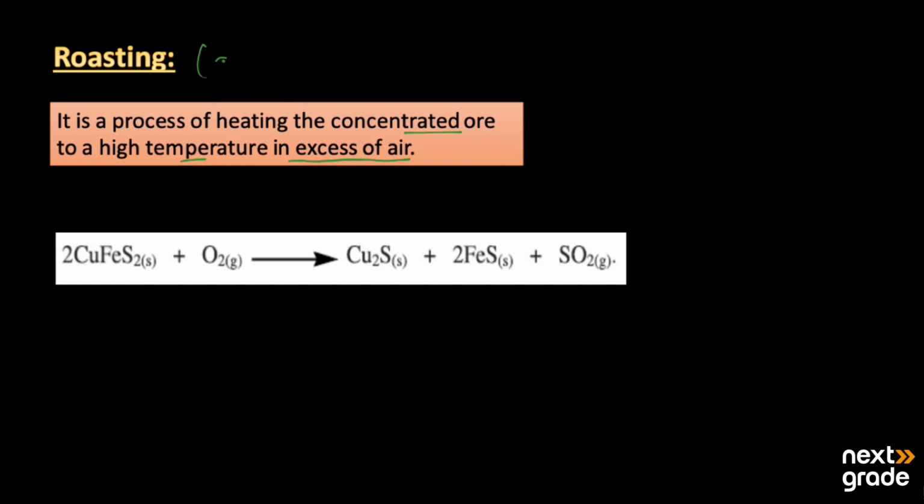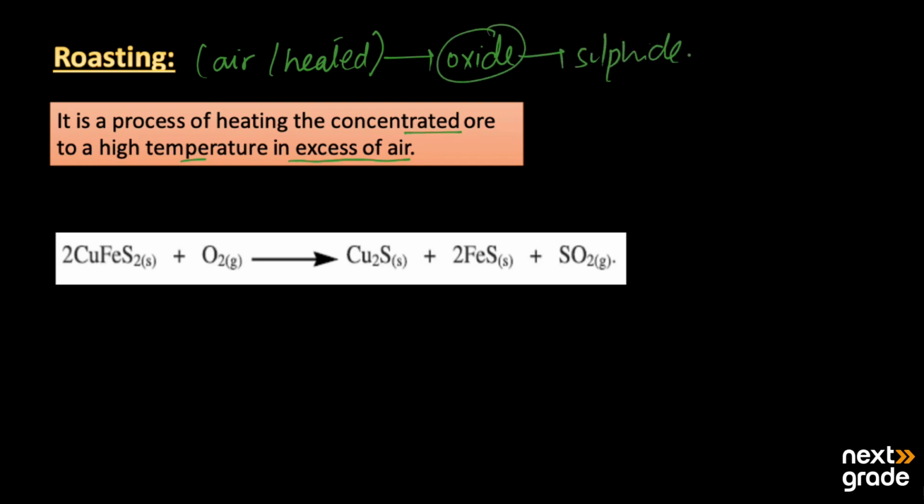In the presence of air, the ore is heated at high temperature and converted into its respective oxide if we have its sulfides. In roasting, it may be heated either alone or with some material in excess of air or oxygen.